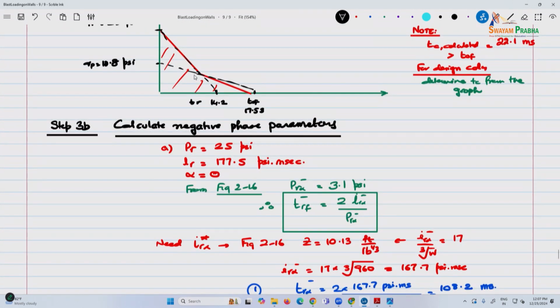So that would go back, I should have plotted this later on, but if you go back here, we are starting, T naught is how much? 26.6. So this is 17.53.